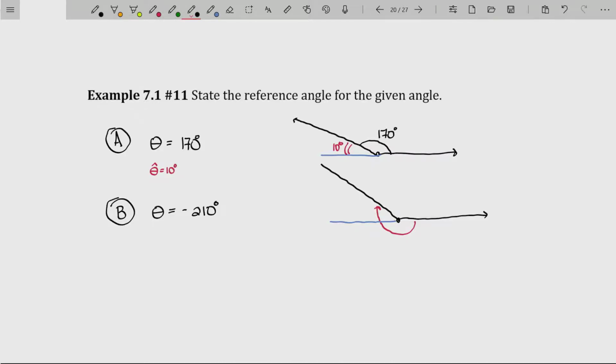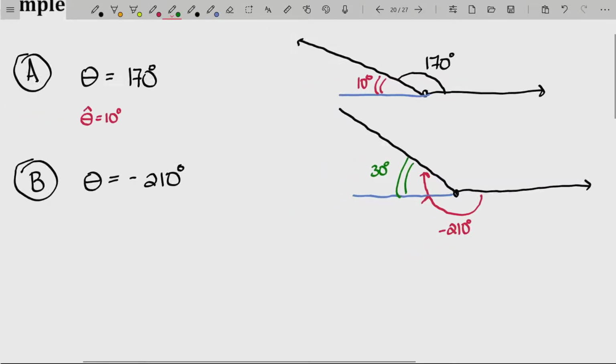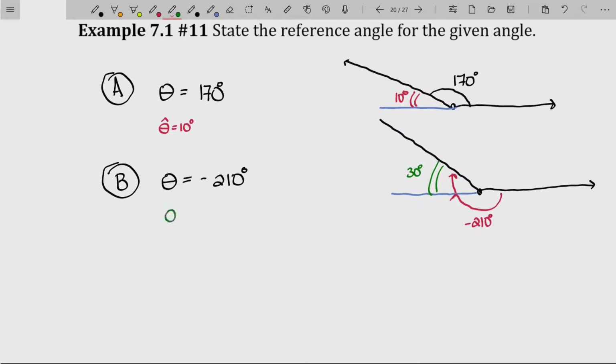What is the little bit more? So again, this was 210 degrees with a negative. To this point right here was 180. So what did we have left over? Well, we had an extra 30 degrees in there. So this reference angle right here is a 30-degree reference angle. So theta hat, in this case, would be 30 degrees. Again, very important to be solid with this skill.